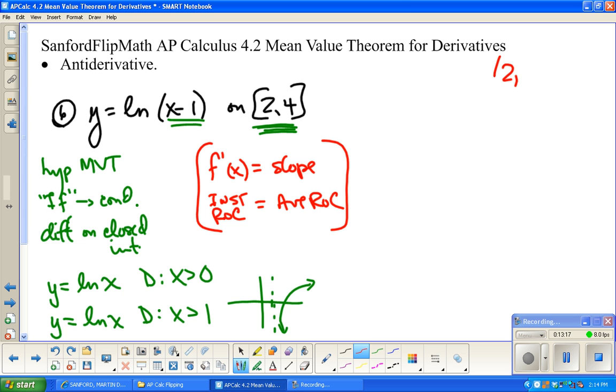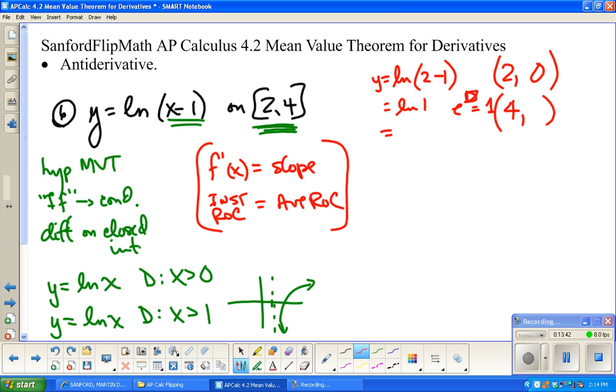Okay, so in order to find average rate of change, I need a couple of points. Well, this is going to be the natural log of 2 minus 1, which will be the natural log of 1. Remember, this is e to what power equals 1? Well, e to the 0 power. And then the next one, we're supposed to find the y value of natural log of 4 minus 1.